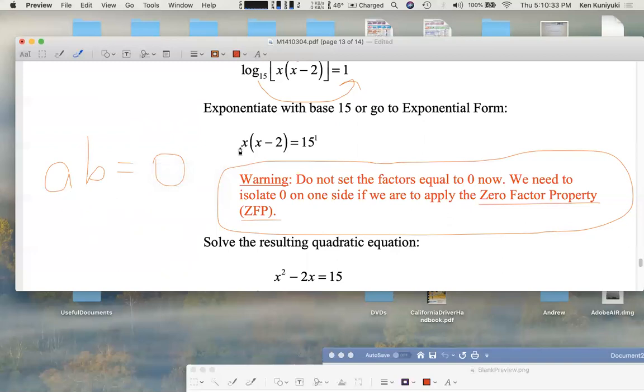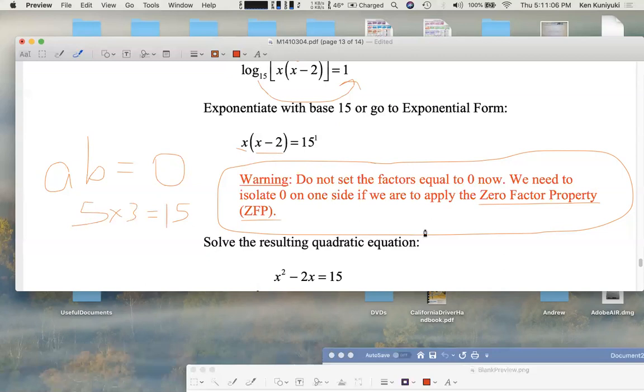But if you have two numbers that multiply to 15, it's not the case that one of them has to be 15. For example, 5 times 3 will equal 15, even though neither factor is 15. So do not set these two factors equal to 15. That's wrong. So sorry, folks, but you're going to have to unravel this, isolate 0, and then you got to factor.